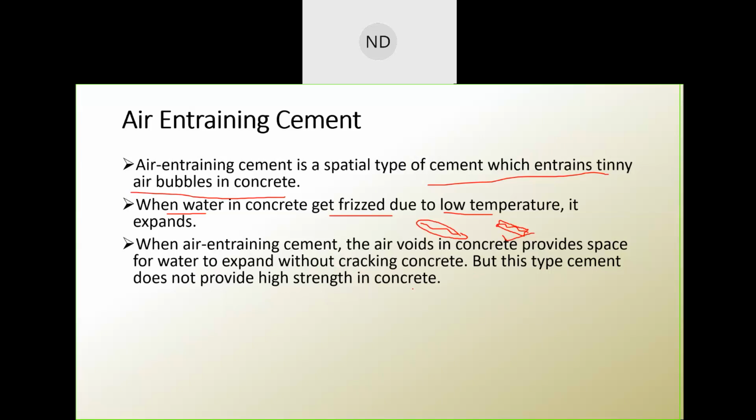So if you are in a very cold place where the water inside your concrete may freeze and expand, you can use air entraining cement, which will create bubbles inside your concrete. These give space to the frozen water. Suppose this is the water which has frozen and expanded; since you have this space free, the liquid may come this side and then freeze here.